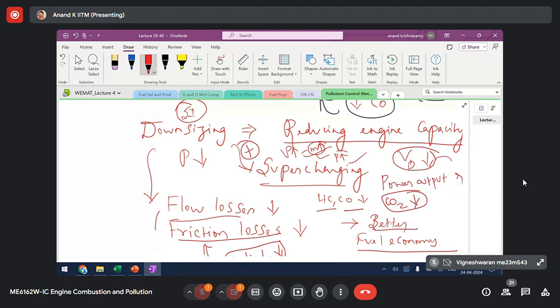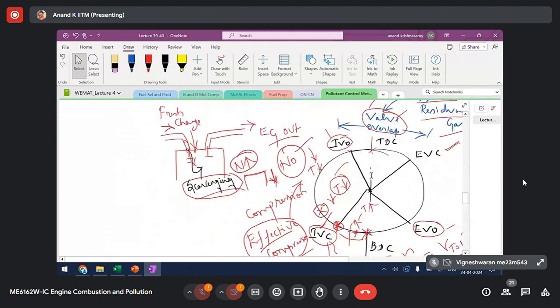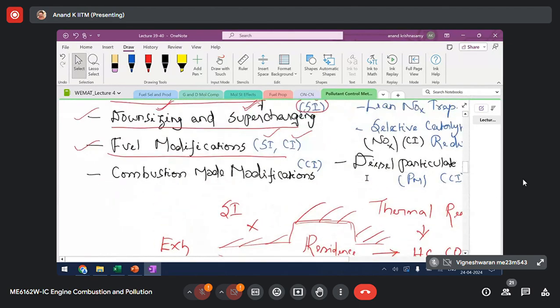This increase in P should be higher than the decrease in P due to power consumption by the supercharging. Otherwise it's uneconomical to go with supercharging because there is additional cost involved, right? Not only power. Okay, sir. Got it. Generally, the power consumed here is negligible compared to the power increase you get. Right, sir. Thank you. Fine.